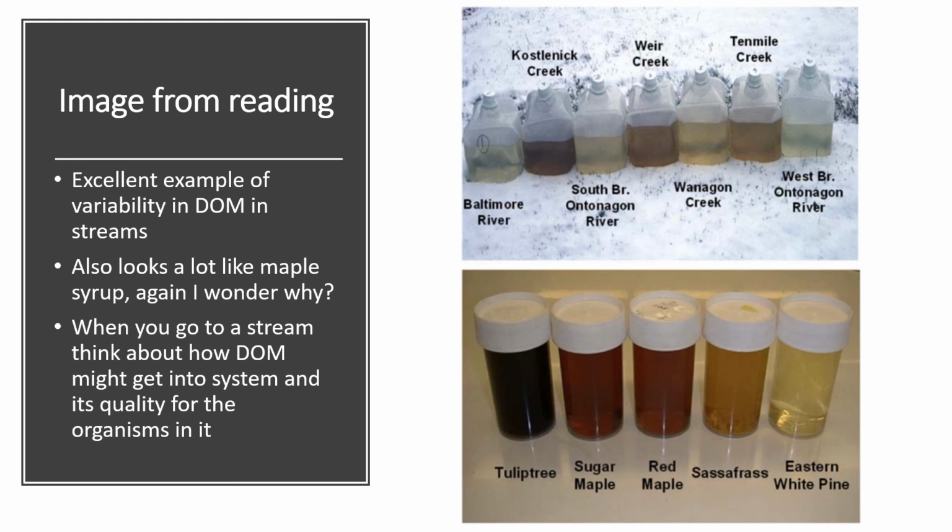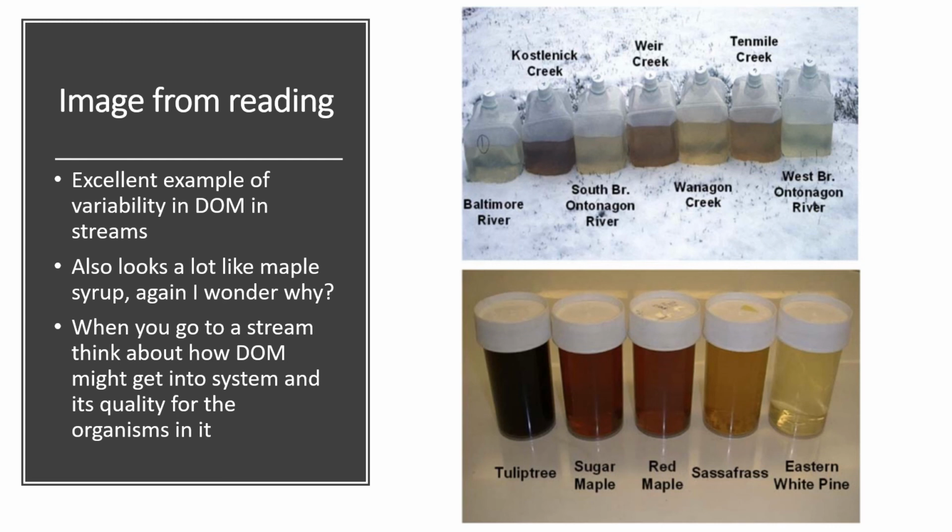If you've ever seen maple syrup production, or you have ever had maple syrup, not the fake stuff you buy that's flavored like maple syrup, but real maple syrup, you'll know that there is sugar in there, but there's also these very astringent compounds, and that's really that DOM kicking in. You'll also know, if you've had maple syrup, that there's lots of different kinds of maple syrup, and it really depends on what kind of trees you're tapping to get what flavor.